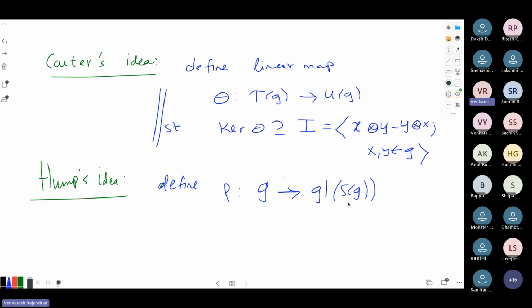Using this representation from G to GL of SG, you prove that the elements of UG are indeed linearly independent. The idea is that a representation of G will correspond to a representation of UG. So from ρ you can go to ρ tilde, maybe you can call it ρ itself, from UG to GL of SG.